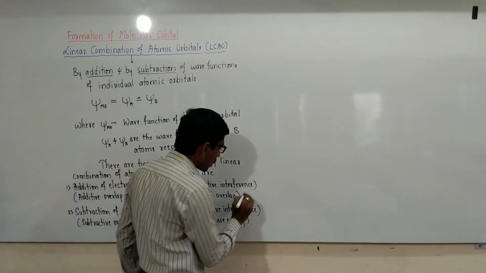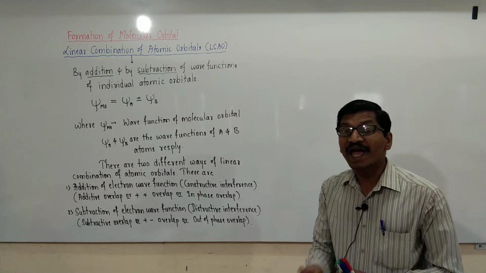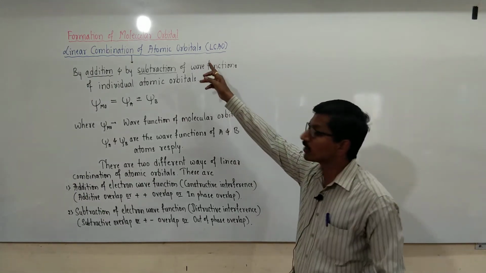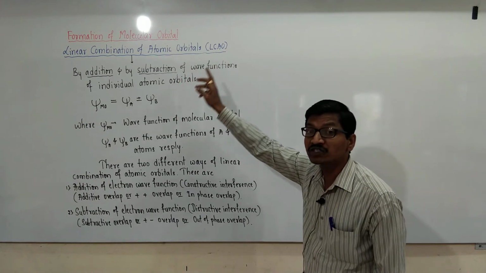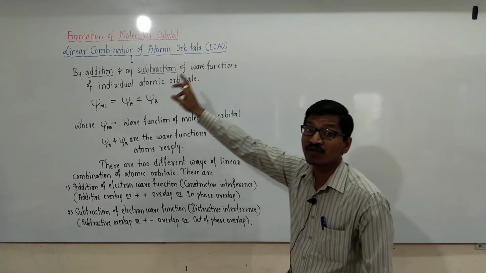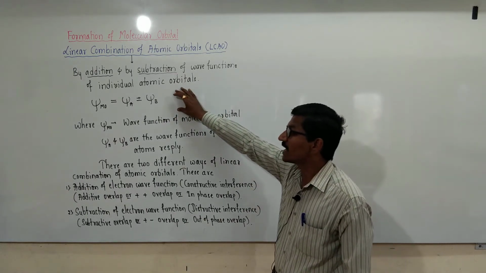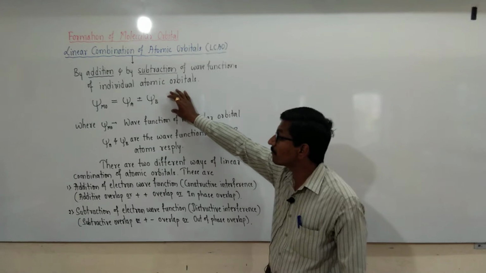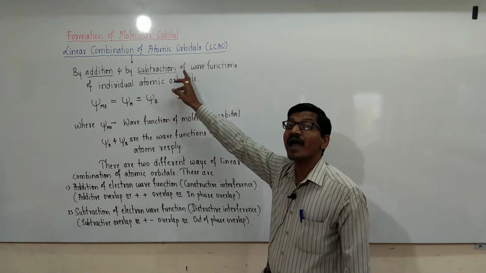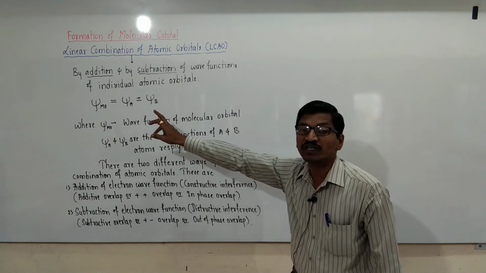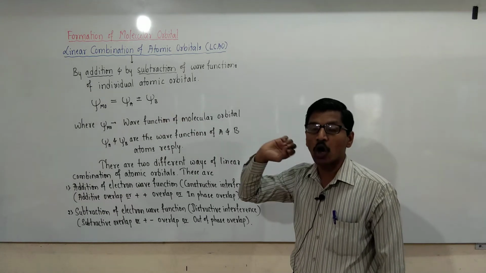The formation of molecular orbital can be described by linear combination of atomic orbitals, which takes place by addition and subtraction of wave functions of individual atomic orbitals, represented by psi MO is equal to psi A plus or minus psi B. Plus means addition of electron wave function. Minus means subtraction of wave functions of individual atomic orbitals.